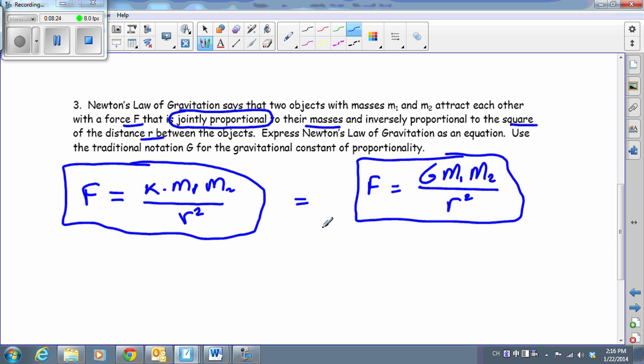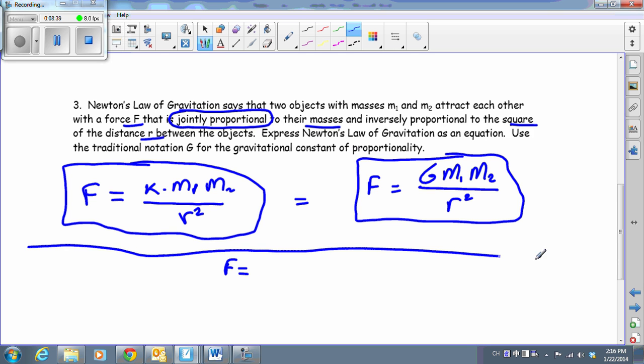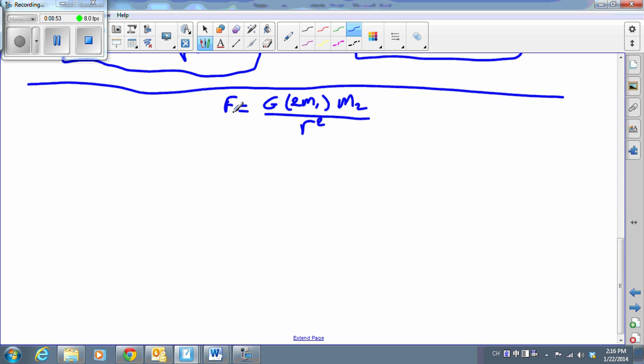Now I want to know what would happen to the force if I double M1. Let's go ahead and double M1. So if I double M1, I will have F equal to G times a double M1, M2 over R squared. My job is to know what will happen to F if I double M1.